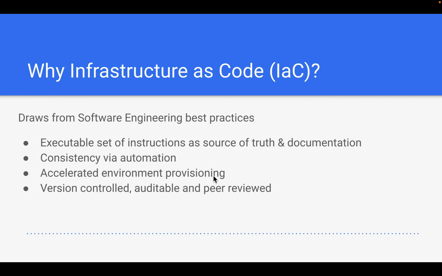And that gives us all the wonderful powers of version control, right? So we have an auditable history of changes that we can look through and time travel with. We have a peer-reviewed process, where we can all reflect upon and discuss changes that go into our infrastructure, either new components or changes to existing components. We can put that through a PR process.